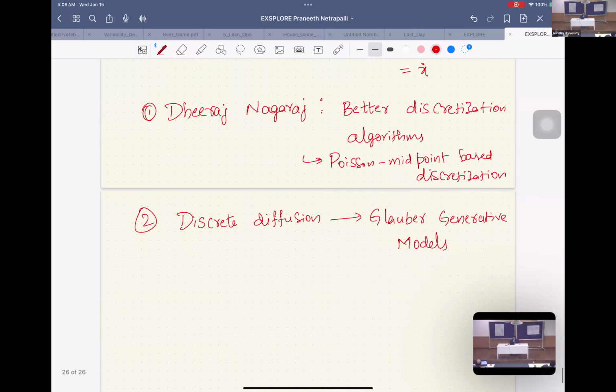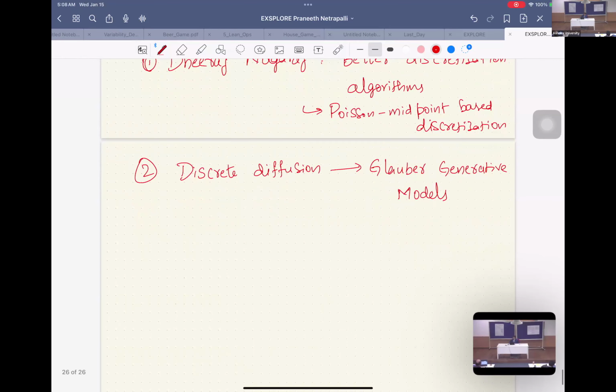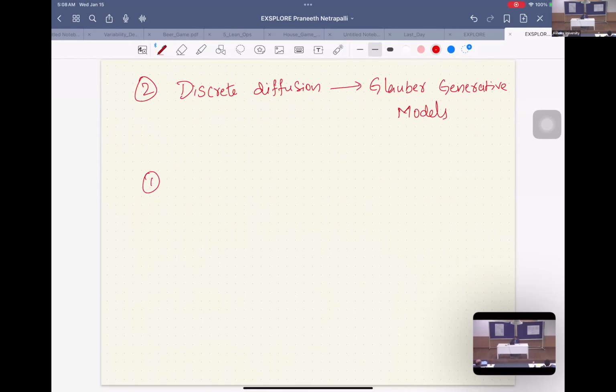One problem, which I don't know how to solve, is that all of these methods require access to samples from the target distribution. If I don't give you access to samples, but I only give you f where I want to sample from e to the minus f, or I give you the probability density function, but not samples from it, I don't know how to do these kinds of methods in that setting.